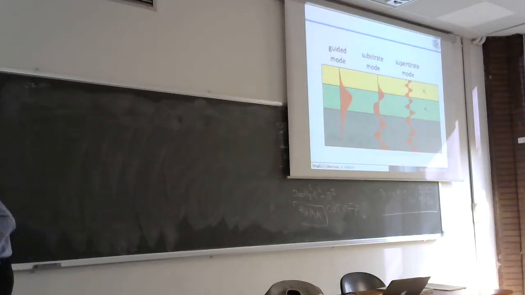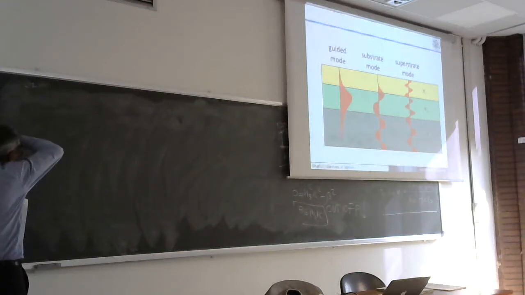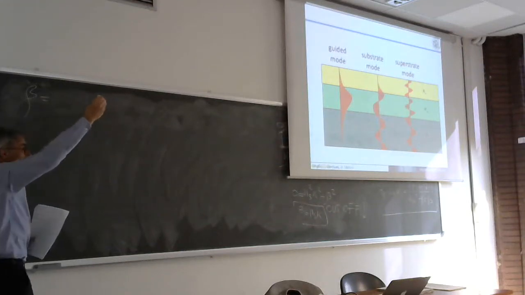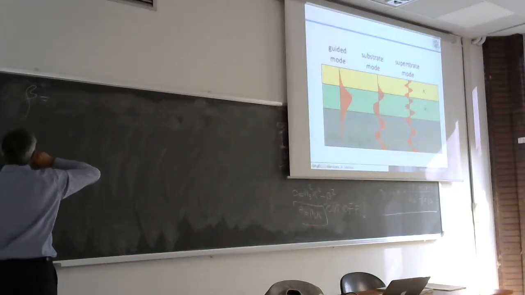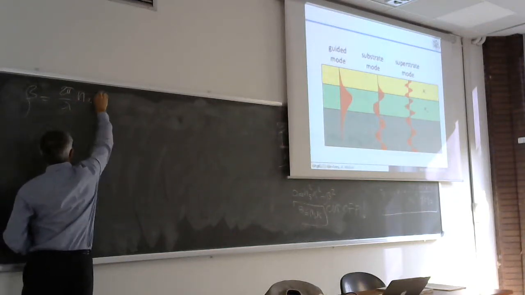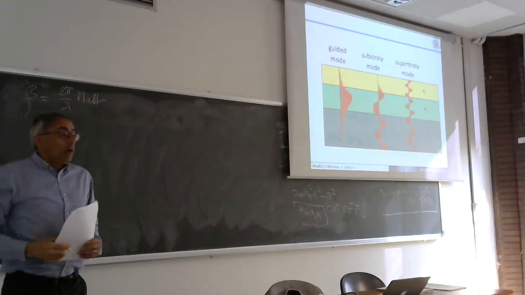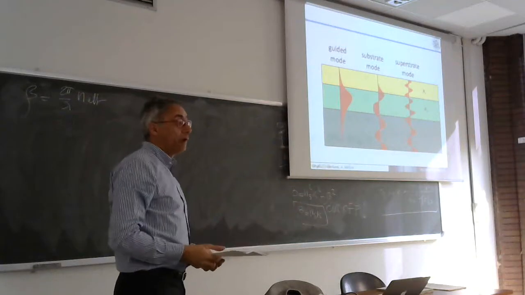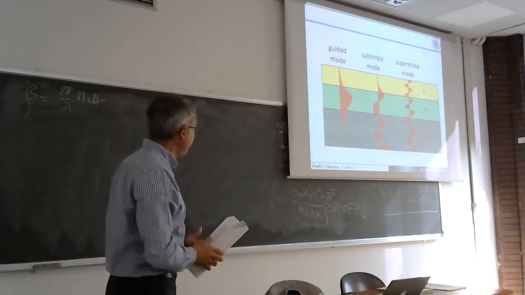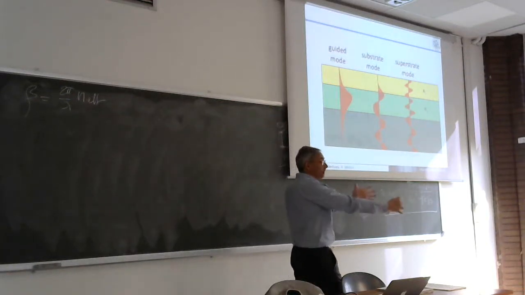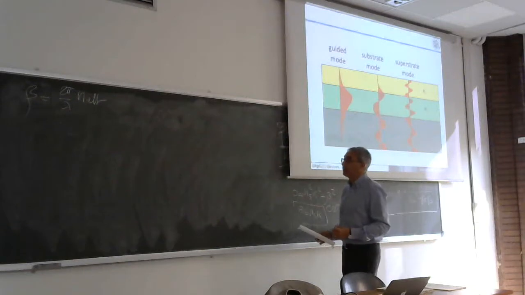We mentioned beta, and beta is the phase constant, so 2 pi divided by lambda multiplied by this effective index, which is a mix between the core and the substrate and cover refractive index. So it's an average refractive index seen by the propagating mode. Okay?